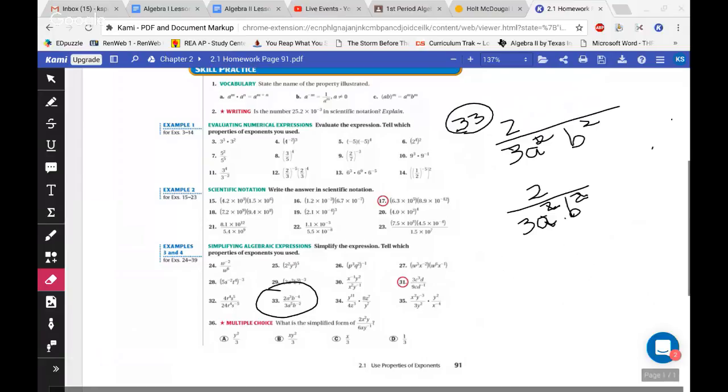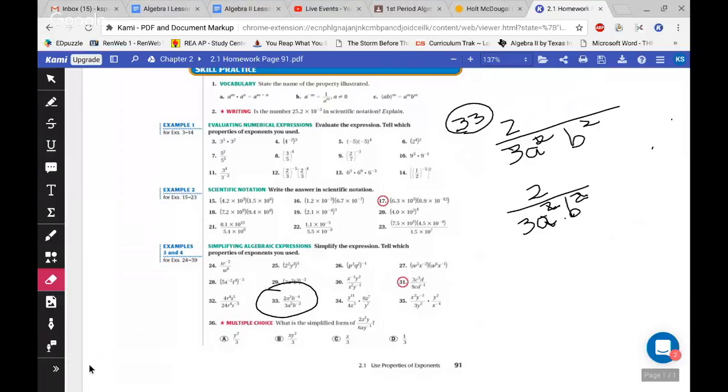When you're multiplying two exponents that have the same base, you're really adding the exponents. And when you're dividing two exponents that have the same base, you're really subtracting. So division, subtraction, multiplication, addition seem pretty easy to associate. So it's not as bad as long as you're practicing.